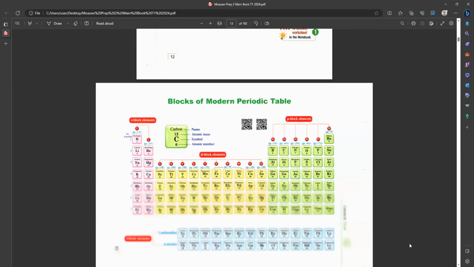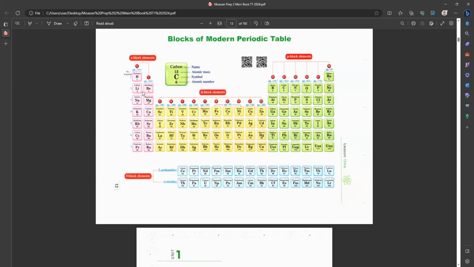As we see, beryllium, number 4, increases by one atomic number from the element before it, lithium, and boron increases by one from the preceding element, beryllium, and so on. Each element increases from the preceding one by one atomic number only.